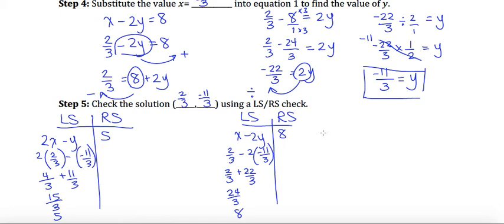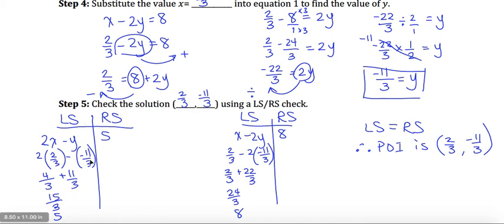So the left side equals the right side, which is what we wanted. So therefore, we can say with certainty that the point of intersection is the coordinate 2 over 3 and negative 11 over 3. If you had converted these into decimal numbers, you might find that your left side isn't quite the same as the right side, but it's going to be very close.